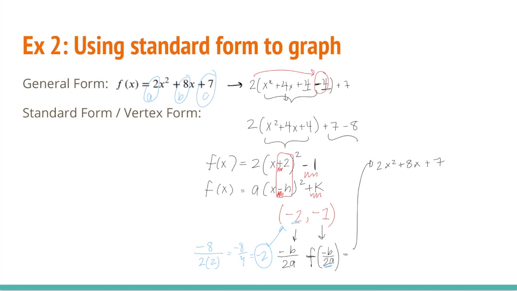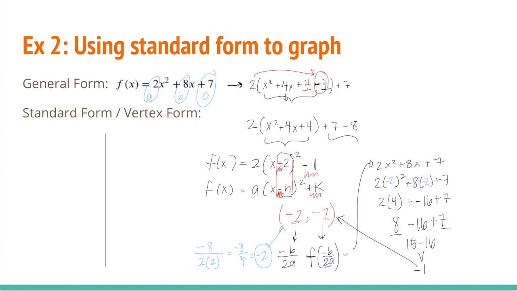So I'm just going to find what is that formula where instead of plugging in x, I'm plugging in negative 2. Okay, let's simplify this. 2 times negative 2 squared is 8, plus 8 times negative 2 is negative 16, plus 7. I get 8 minus 16 plus 7. Let's combine these. 8 and 7 are 15. So I have 15 minus 16, and I get negative 1, which checks out. That is my y value of my vertex.